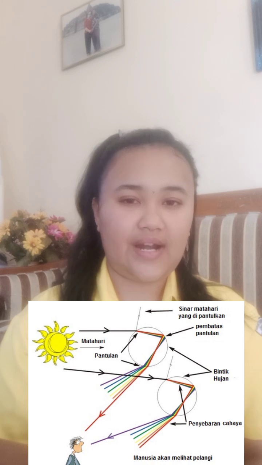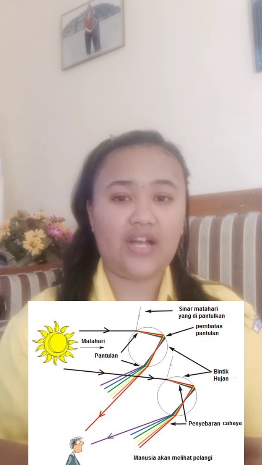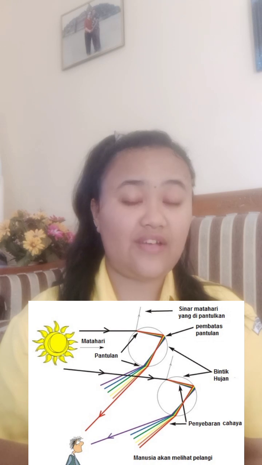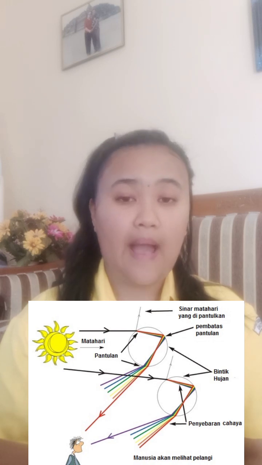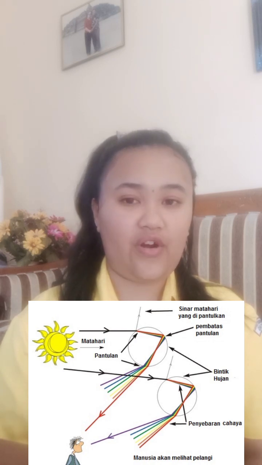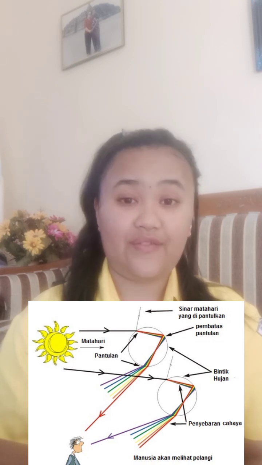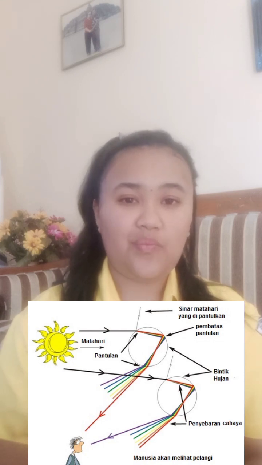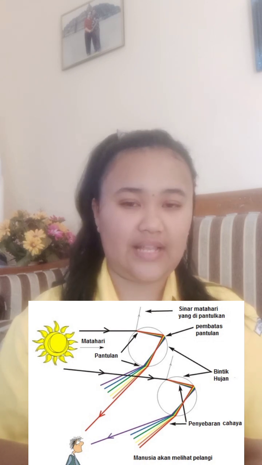Conditions for a rainbow: rainbows do not necessarily occur every time it rains. There are several factors that must be met in order for a rainbow to form. The first factor is that the sun must be above the horizon line.